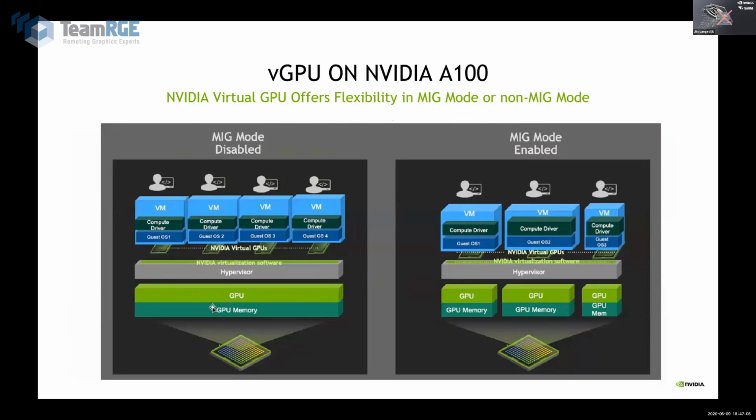All the cores are shared between all the different virtual machines, and of course, we have different abilities to time slice this, with schedulers to make sure that there's no suffering from a noisy neighbor effect, for example. But with MIG mode enabled, as you can see, underneath the hypervisor, we carve up the physical GPU, and now all of a sudden you're more or less within the hypervisor.